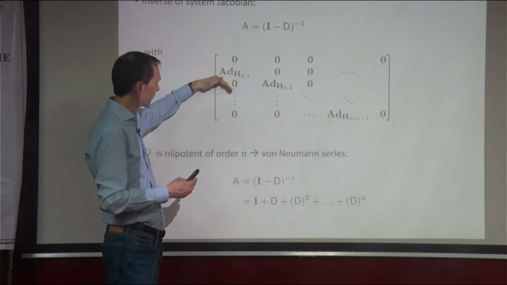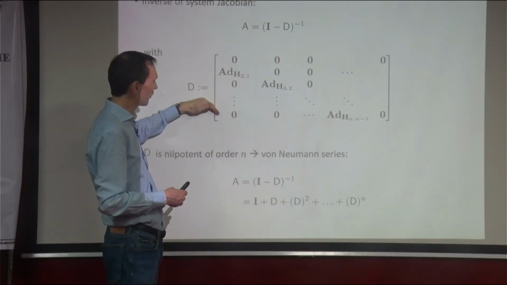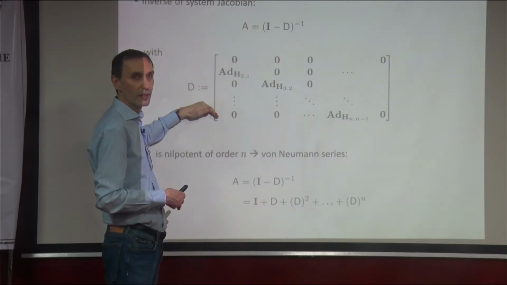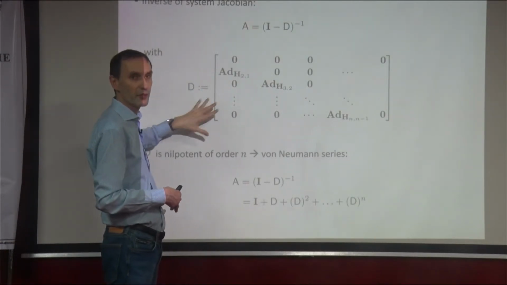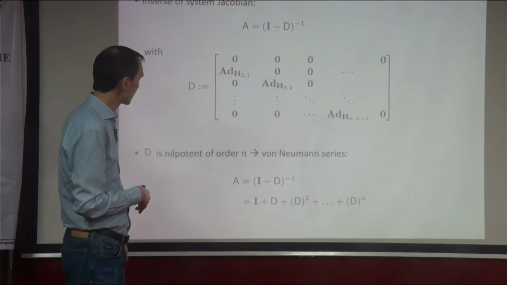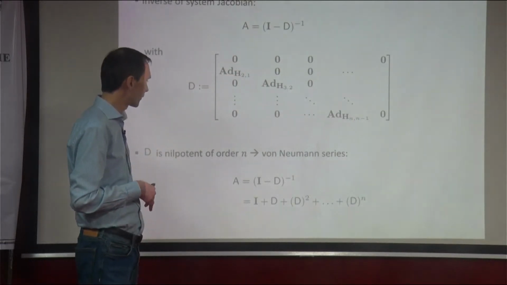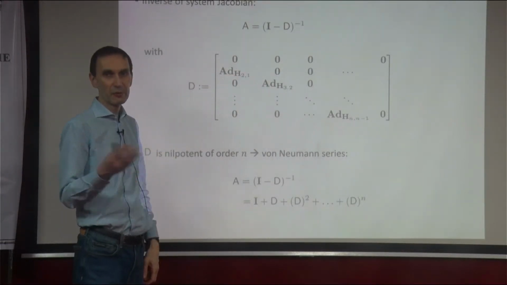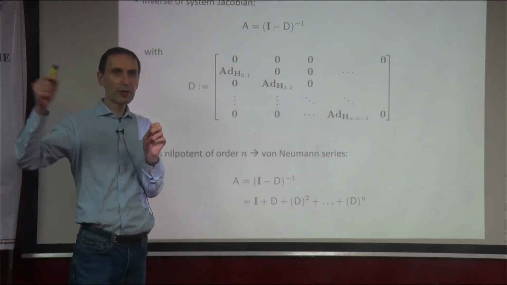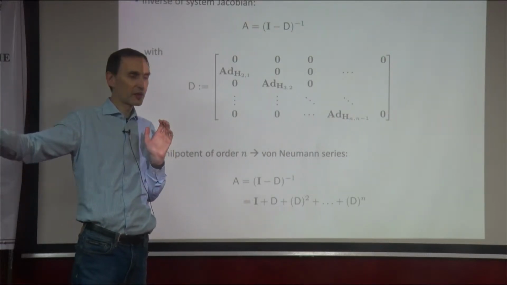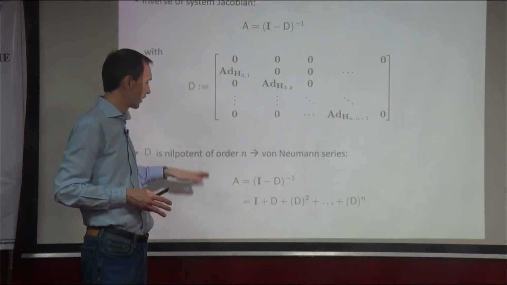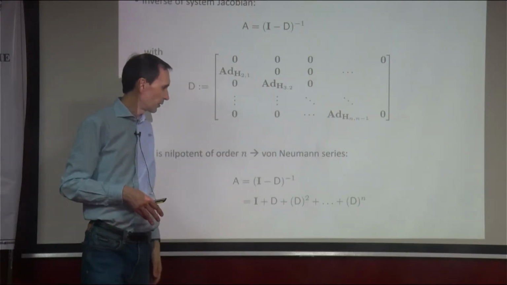The second power goes like this. And of course, you can do this n times, and that was it, because then nothing is left. Then it's the zero matrix. And this is why it's called a nilpotent matrix, because a matrix that after some powers becomes the zero matrix is called nilpotent. And n is just the power up to this.